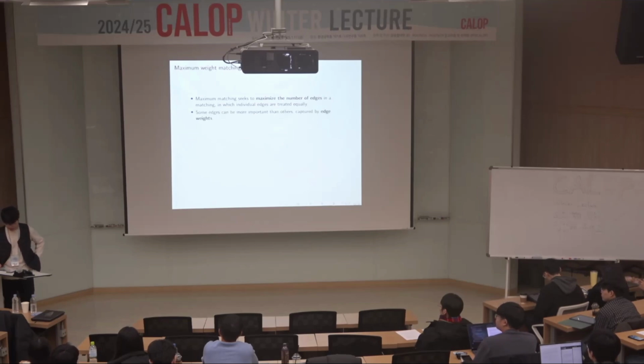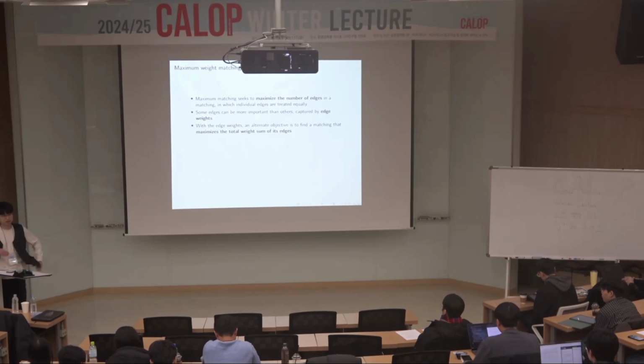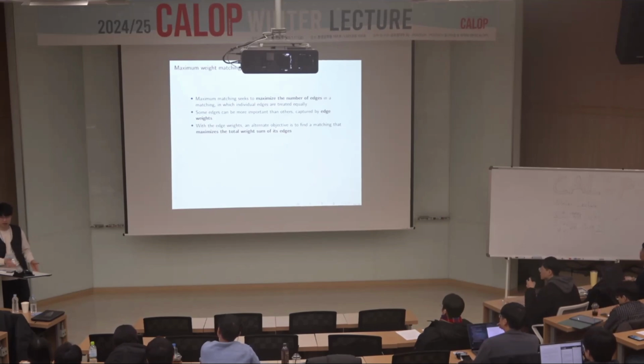That can be captured by edge weights. So individual edges can have heterogeneous weights. And the question is to maximize the sum of weights of the edges that you are picking for your matching. If you have equal weights of 1, then the total weight sum will be the number of edges, or you can also have different weights.